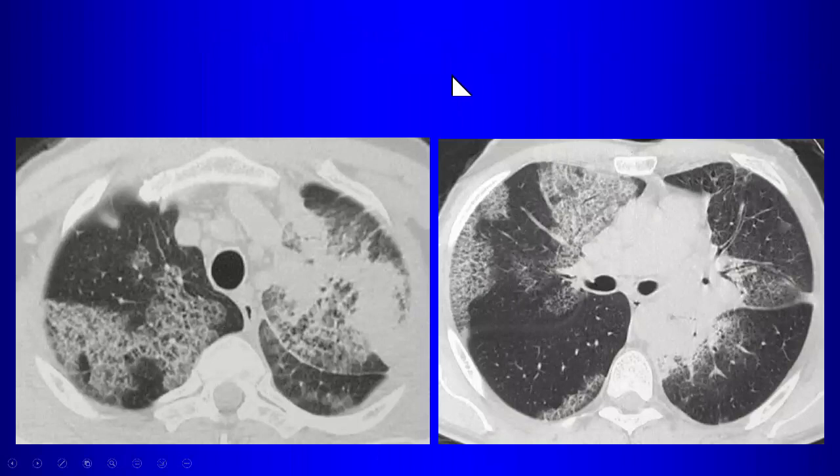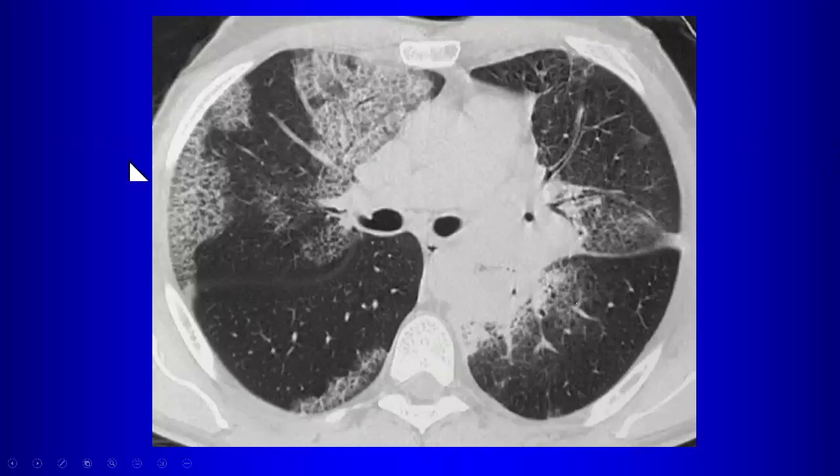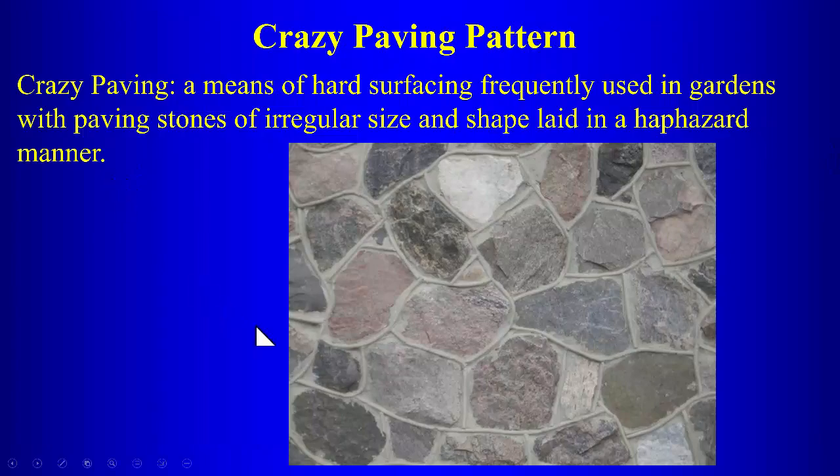Then the crazy paving. So most patients with alveolar proteinosis will have crazy paving. But it turns out crazy paving itself is not specific for alveolar proteinosis because it's such a rare disease. In most cases, if you see crazy paving, it's going to be caused by something else rather than pulmonary alveolar proteinosis. Okay? So it's called crazy paving.